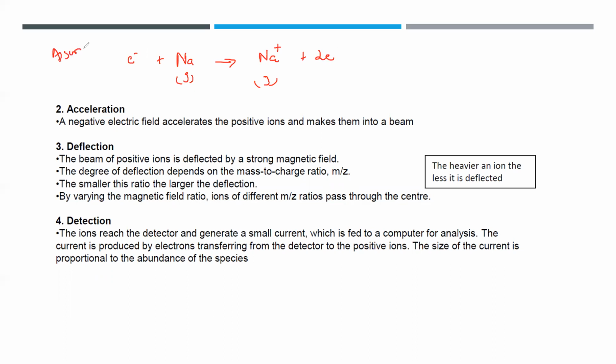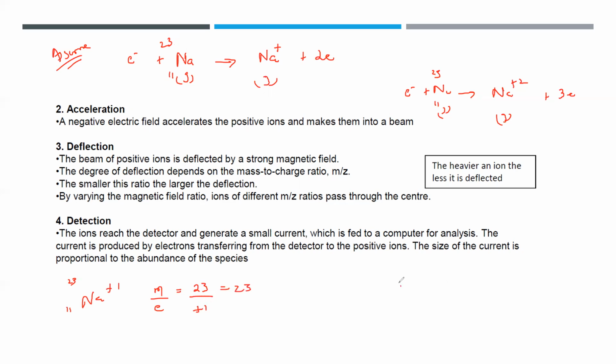Every time only one electron is removed from the gaseous state. But practically, sometimes when we target this sodium with an electron, two electrons are removed. So if two electrons are removed, we'll get a different mass to charge ratio. Sodium is 11 and 23. For sodium +1, the mass is 23 and the charge is +1, so we'll get a peak at 23.